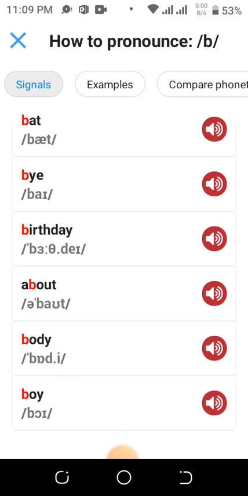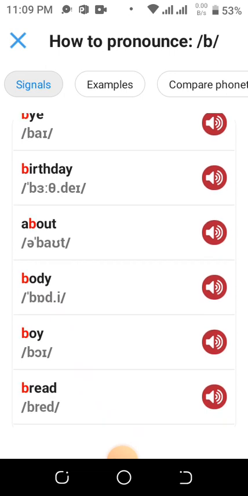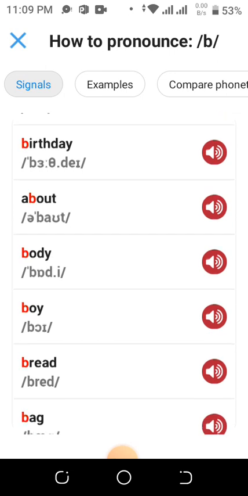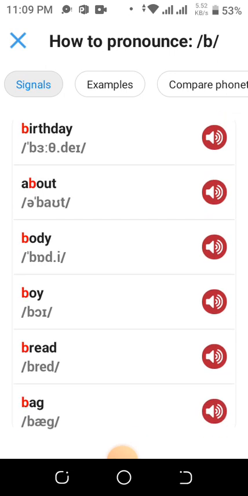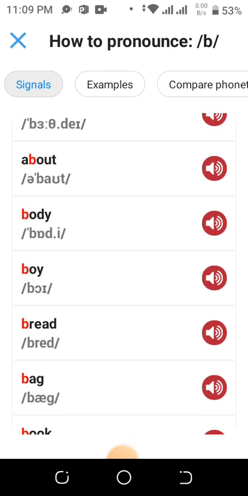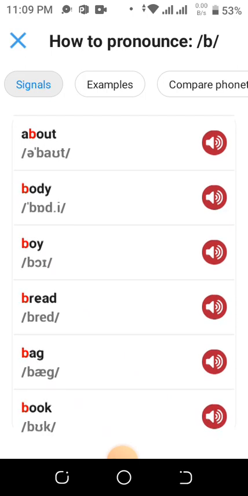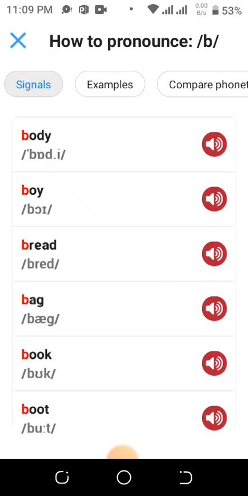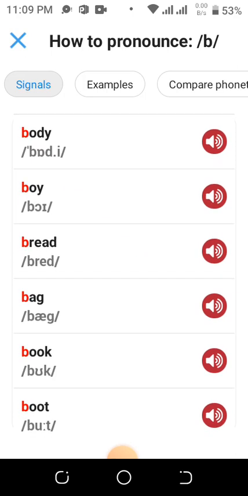Boy, boy. Bread, bread. Bag, bag. Book, book. Boot, boot. So these are the words.